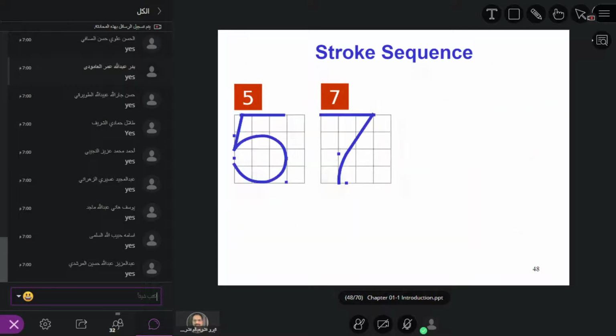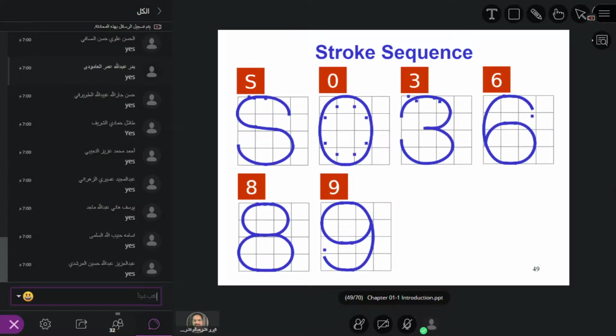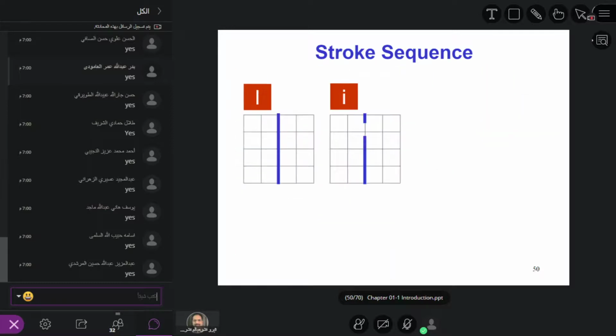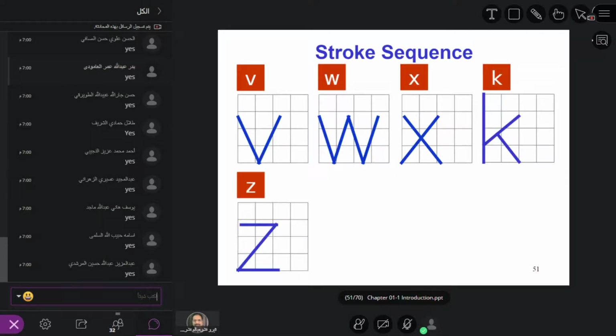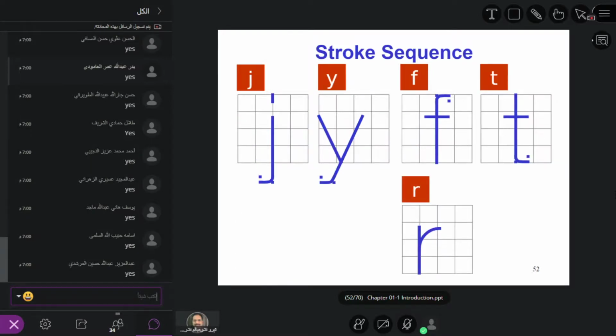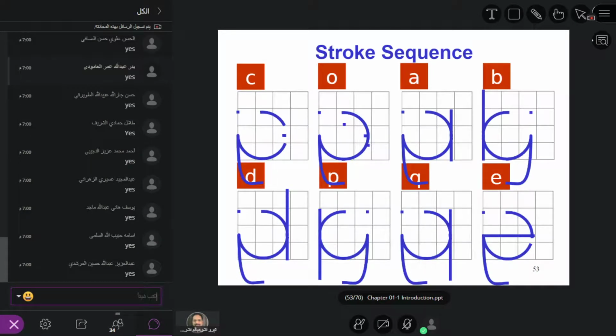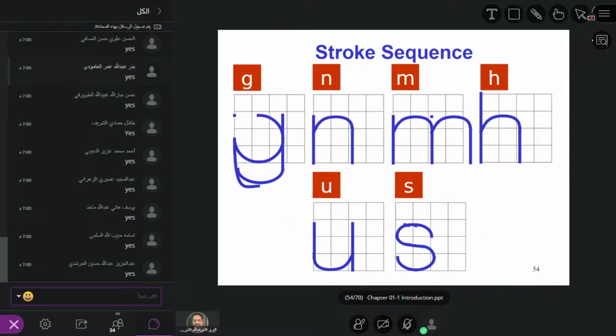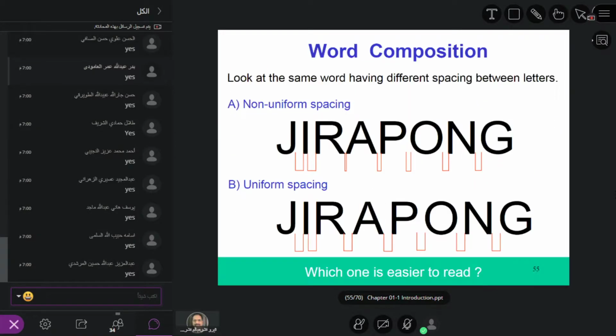Then when you have 5, 7, the sequences of S, O, 3, 6, 8, and 9, and then very similar for the lowercase and capital letters. So it is very similar for many of these. Please go through this, because it's not a very big task for you to follow. Let's go to the most important.